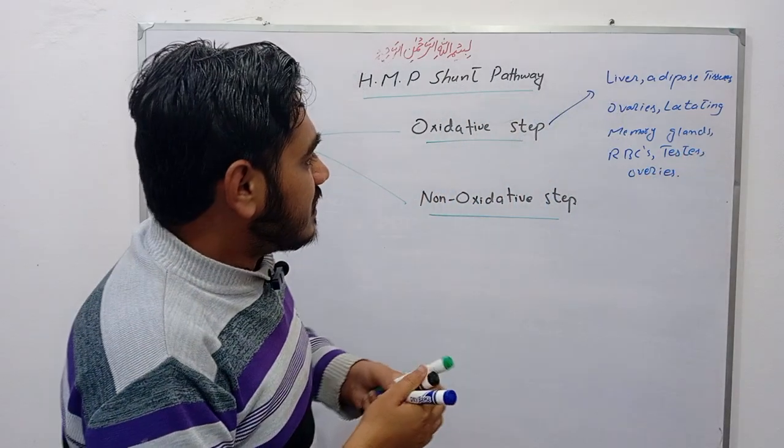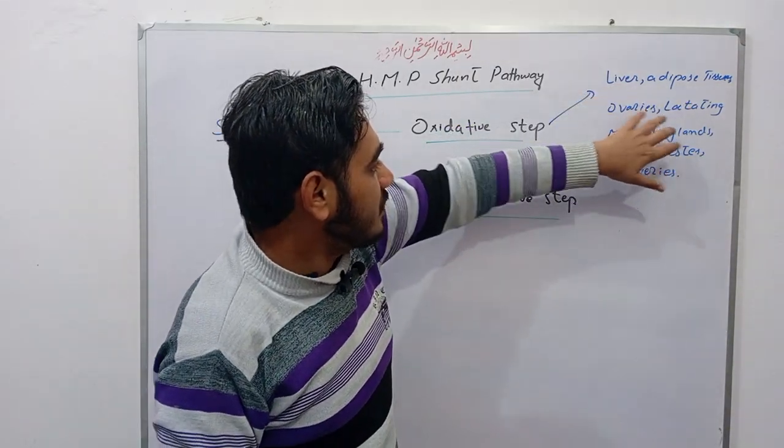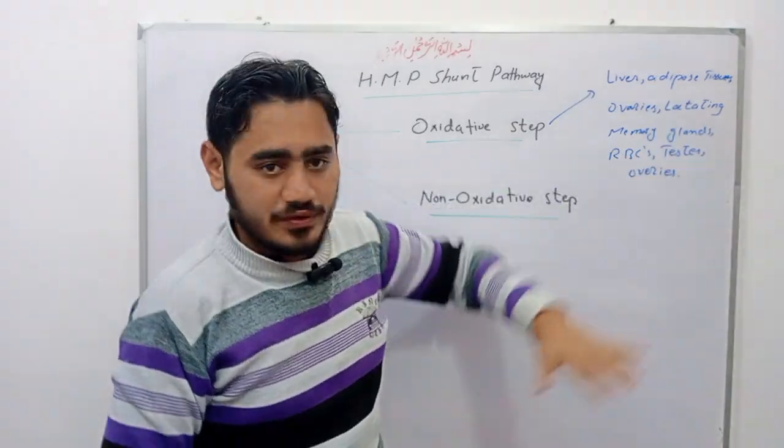So the oxidative step occurs in liver, adipose tissues, ovaries, lactating mammary glands, RBCs, testes, and ovaries.